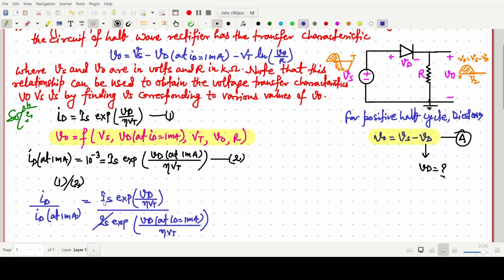Then this Is and this Is will cancel out, and this expression can be written simply as Vd minus Vd at Id 1 milliampere, all divided by eta Vt. Simple calculation.